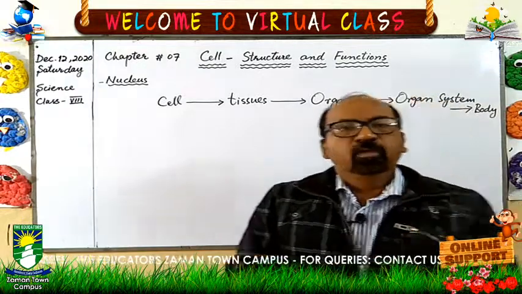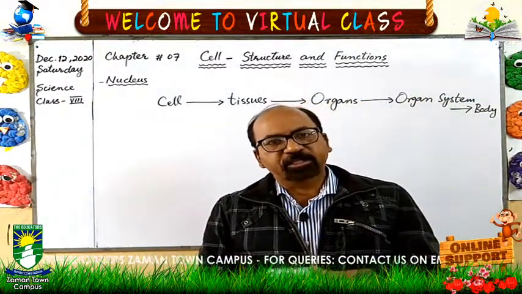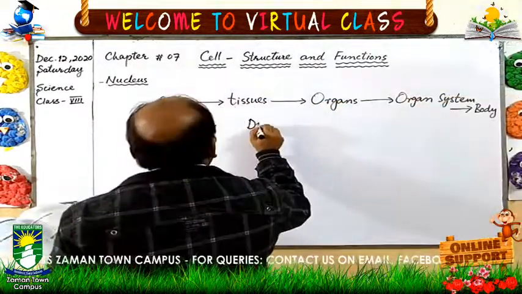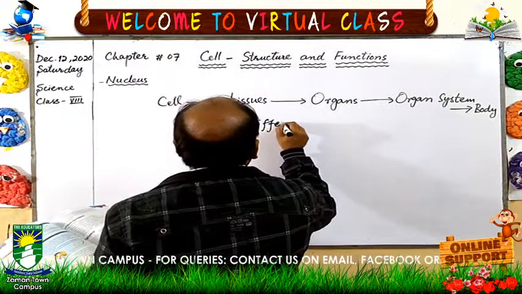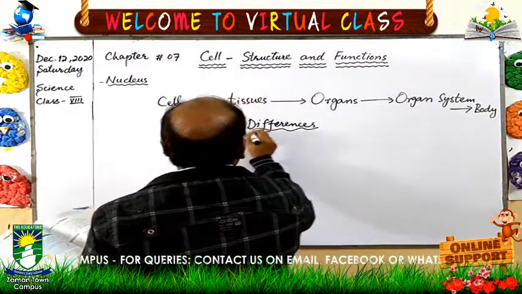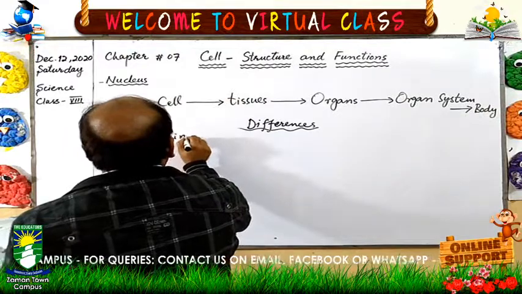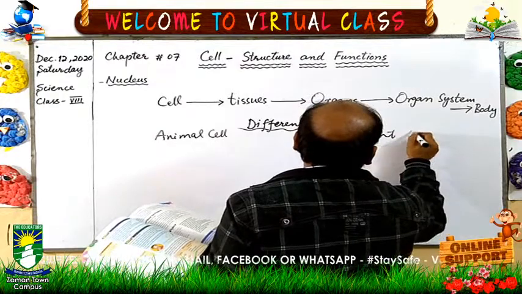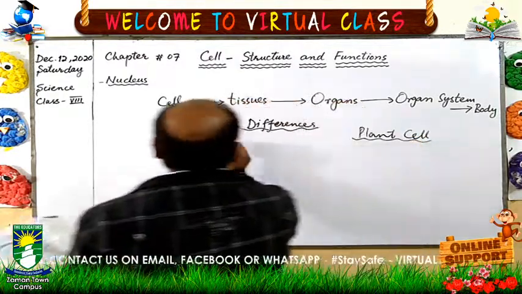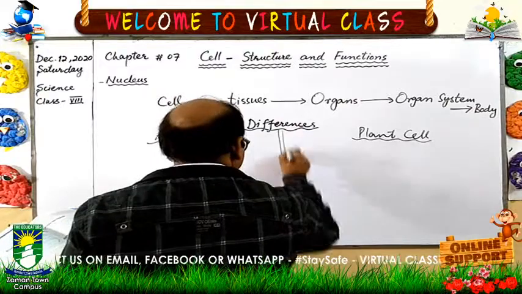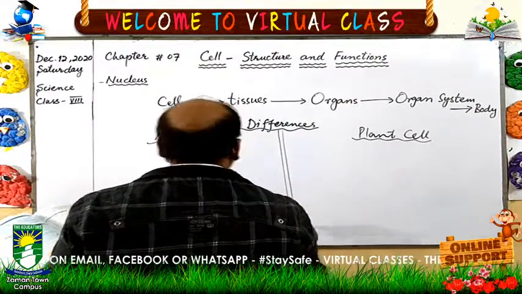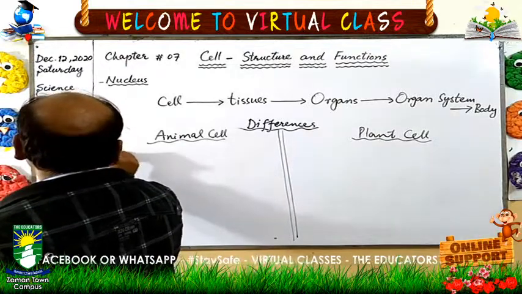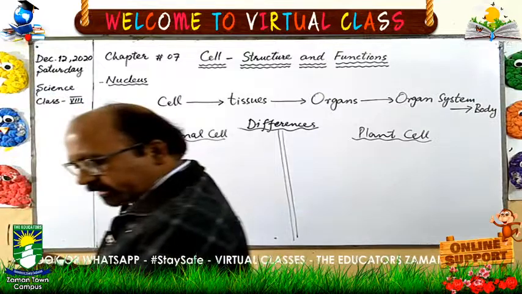Now, what is the difference between the animal cell and plant cell? Animal cell and plant cell are different in size.